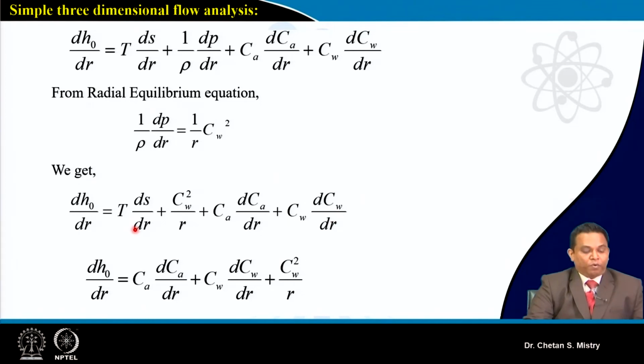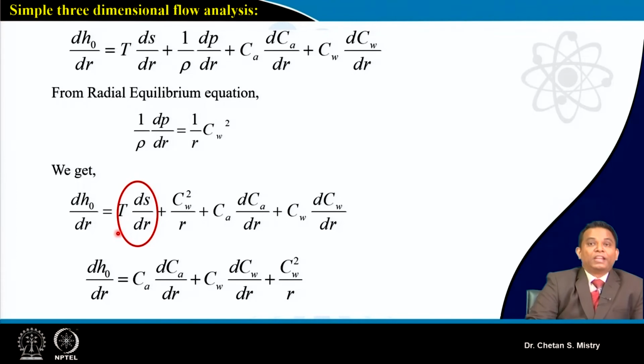Now the term we are putting here is T ds by dr. This represents the change of entropy, which is nothing but the irreversibility associated with the process. For our axial flow compressor, in our fundamental lecture we have discussed that this is defined as losses.